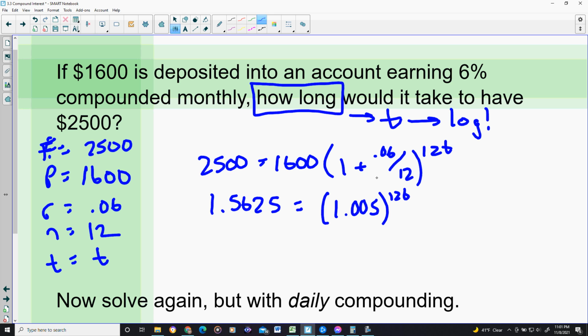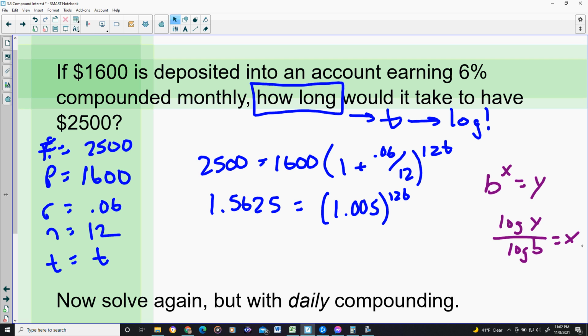So remember our work on logarithms says that to bring that t down, if you have an expression like b to the x equals y, then log of y divided by log of b equals x.